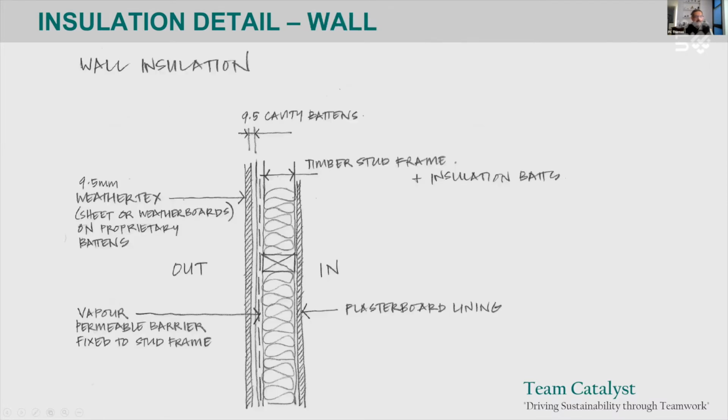So similarly, if you looked at the wall insulation, this one's got a number of layers: WeatherTex, an air gap, insulation, plasterboard, framing. Now in the model, you can then represent that.